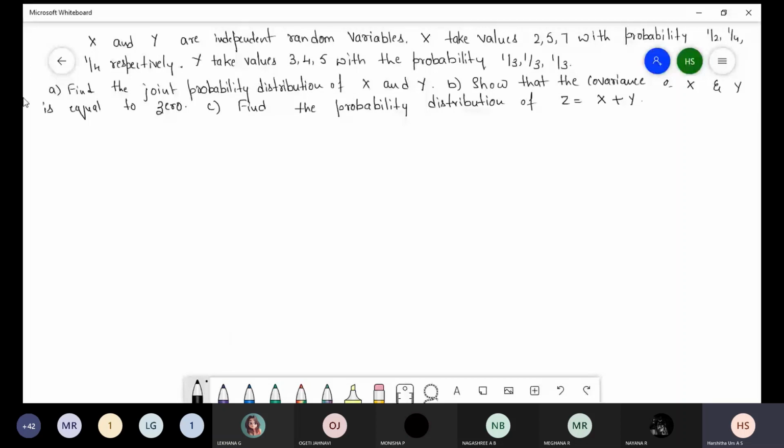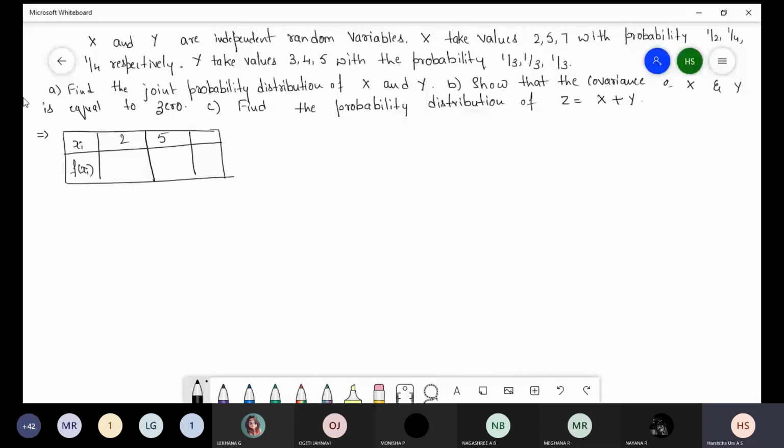First, frame the table for the distribution of x. Here xi, here f of xi. X takes values 2, 5, 7 with probabilities f of xi 1/2, 1/4, 1/4.